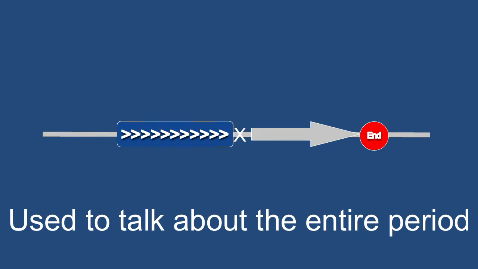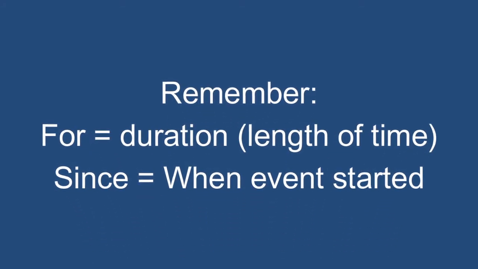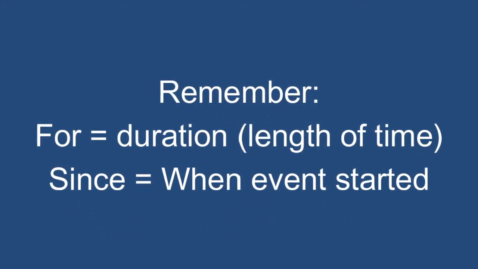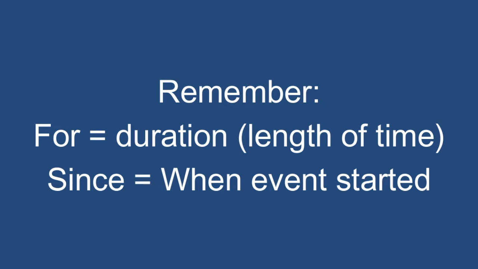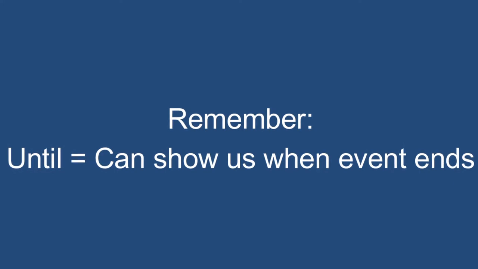That means I have lived in Indonesia for 10 years, so since 2010 up until the present moment and beyond. And I'm also talking about that future time up until October 2021.